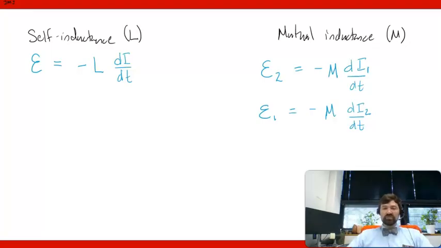Self-inductance, usually you have to ask, okay, if I make a change in this current, what is that going to do to the magnetic field, and what is that magnetic field in turn going to do to the flux of the magnetic field through this device?